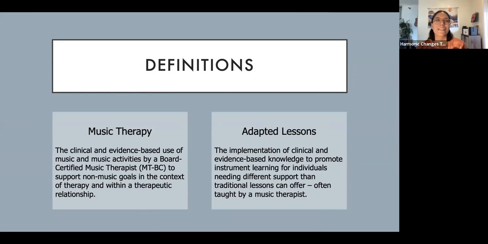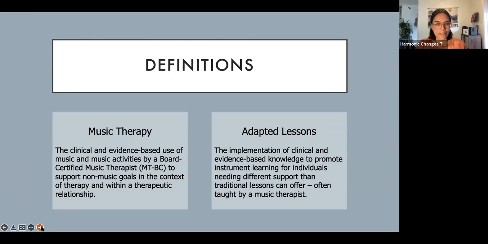Adapted lessons is the implementation of clinical evidence-based knowledge to promote instrument learning for individuals who need different supports than may be offered in a traditional music setting. And they're often taught by music therapists, meaning that we're coming with all of the wonderful knowledge that we acquire as part of our education.